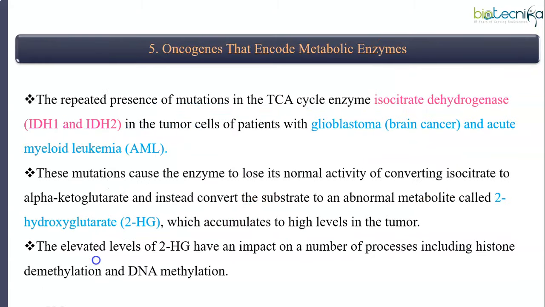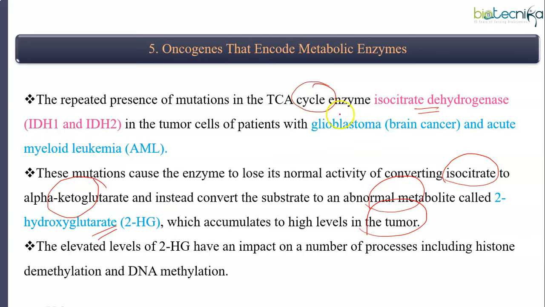Fifth one is the oncogenes that encode metabolic enzymes. So we have TCA cycle enzymes like isocitrate dehydrogenase, normally responsible for the conversion of isocitrate to alpha-ketoglutarate. But if mutated, it gives rise to an abnormal metabolite known as 2-hydroxyglutarate, which gets accumulated at higher levels in the tumor.